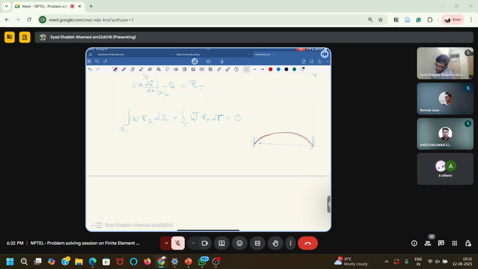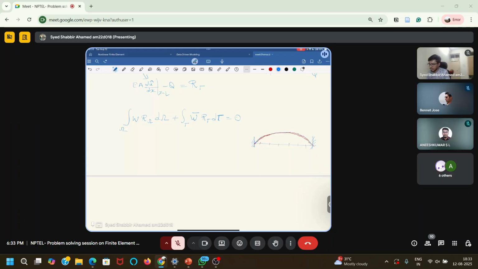If you take this error at each point continuously over the domain, give some weightage to each error and do this integration, you are averaging out the errors and minimizing the error in an average sense.